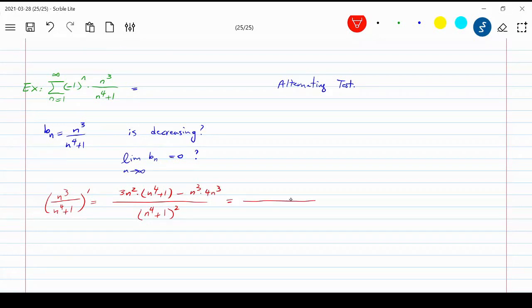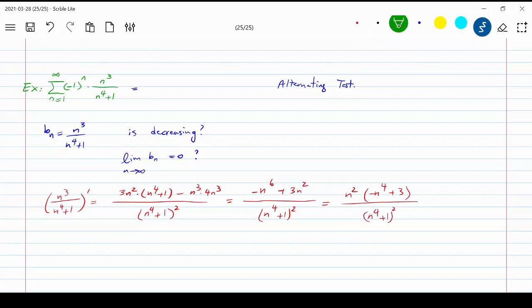As a simplification, n squared times n to the 4 is 3n to the 6, so I'll get negative n to the 6 plus 3n squared, divided by n to the 4 plus 1 squared. You can factor out an n squared in the numerator just to see it more clearly: negative n squared times n to the 4 minus 3, divided by n to the 4 plus 1 squared.